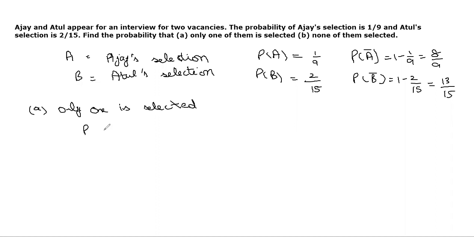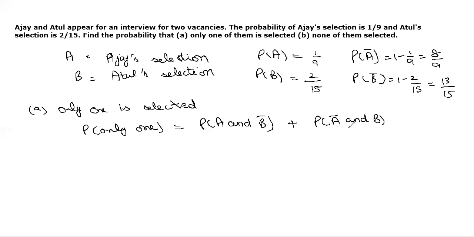So the probability of only one is that Ajay is selected and Atul not selected, P of A and not B, or, here addition rule is applied, and then P of not A and B: non-selection of Ajay and selection of Atul.